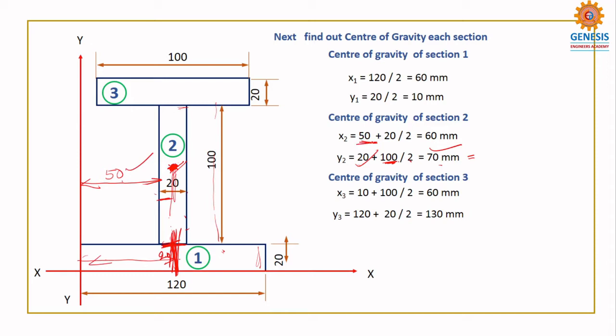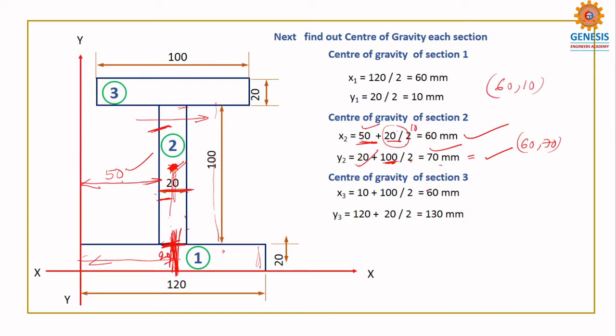I have taken 50 because this section starts from here, and I am going in this way. The dimension in this direction is 20, so it is 20 by 2, which is 10. So 10 plus 50 is 60, and its coordinates are 60 and 70.